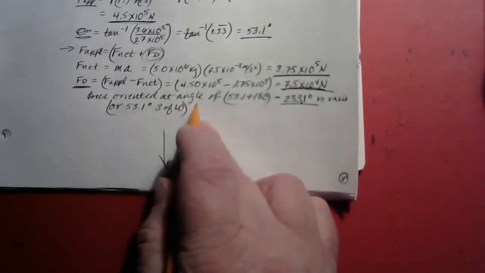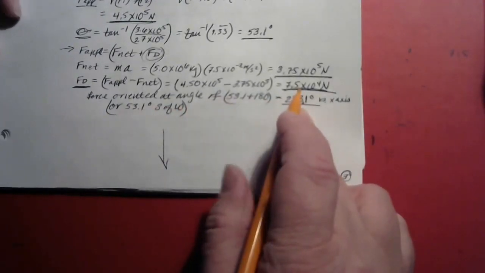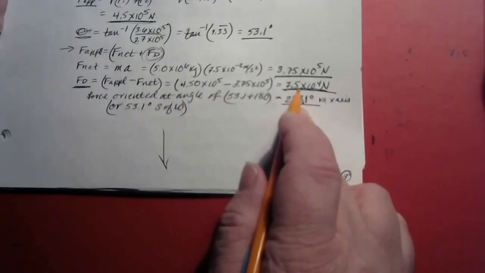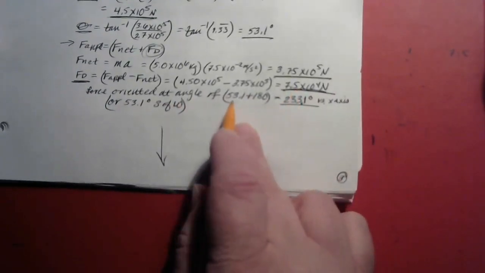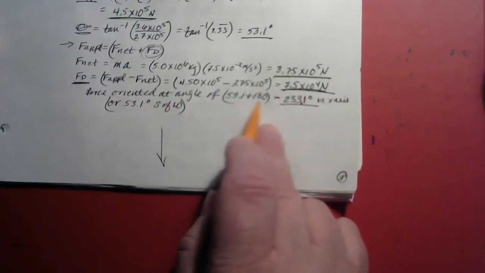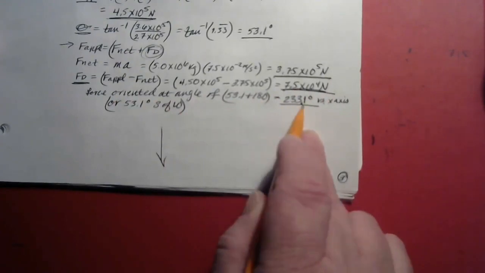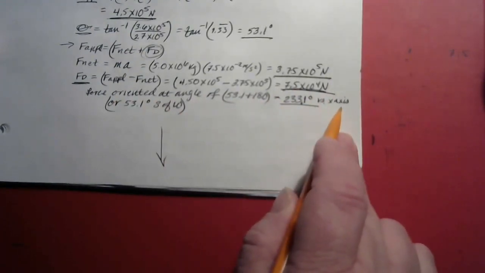And the orientation of the drag will be exactly 180 degrees opposed to the angle at which the barge is moving. And so the angle of the drag will be 53.1 plus 180, or 233.1 degrees versus the x-axis.